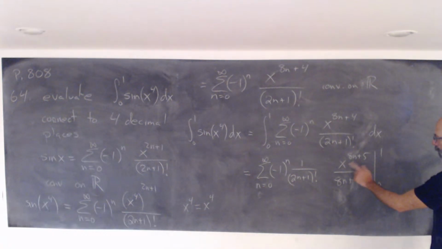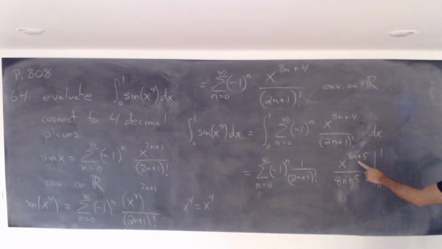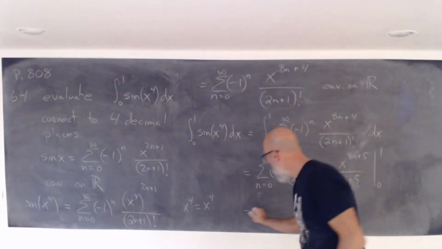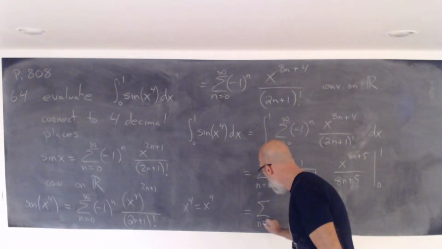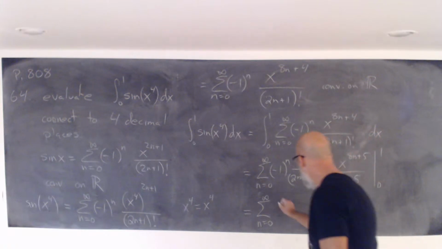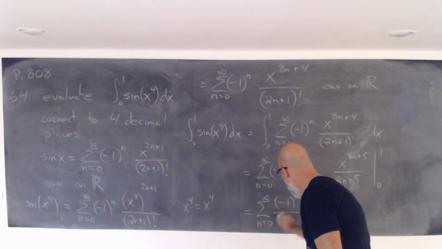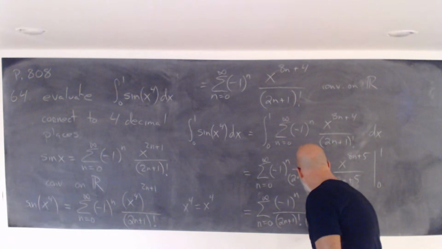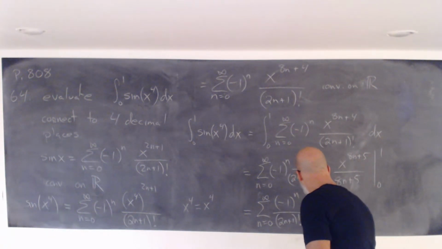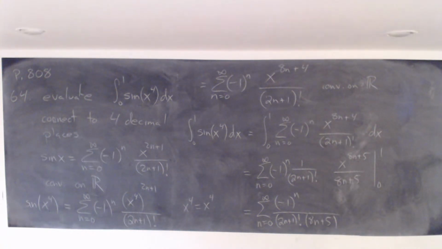When x is 0, these are all powers of x to the 5 and higher. So when you plug in 0, the whole thing is 0. And so we get negative 1 to the n over 2n plus 1 factorial times 8n plus 5. There it is.